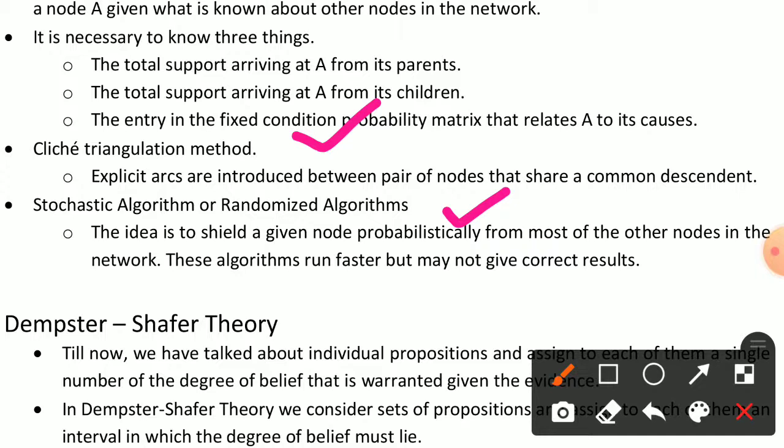Here we can find out all node probabilities. Okay, and then we can take another node in the same network, and in this algorithm we can get the result, but this result is not correct. Okay, so this is the third algorithm, stochastic algorithm or randomized algorithm.